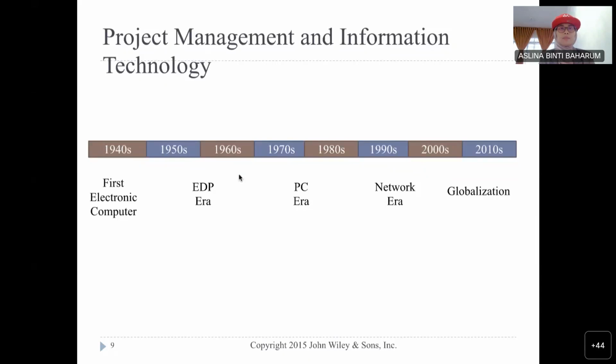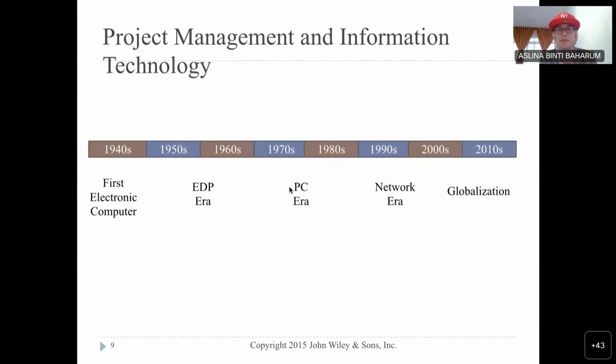Okay, so project management and IT evolve. Okay, first electronic computer in 1940, and then the 50s to 60s EDP era. What is the full form? I've forgotten already. System EDP era. Okay, but this one is not integrated.